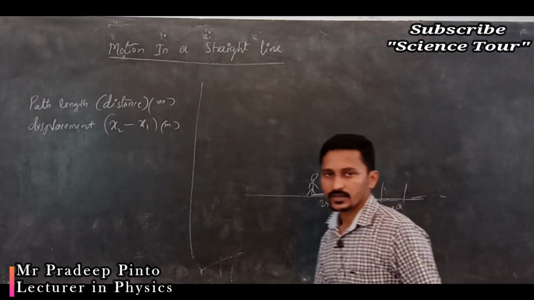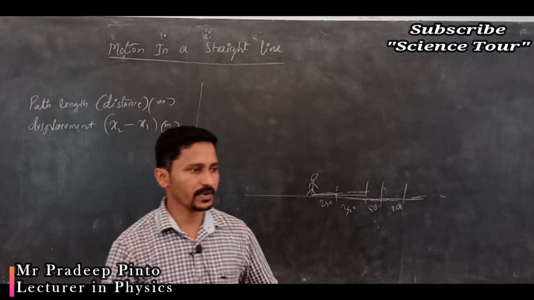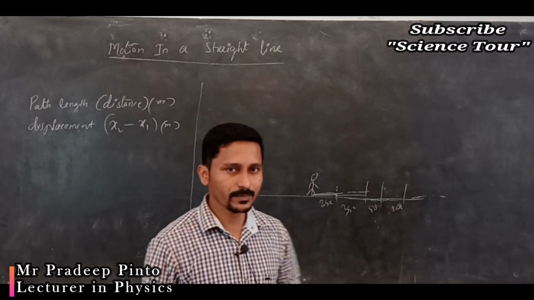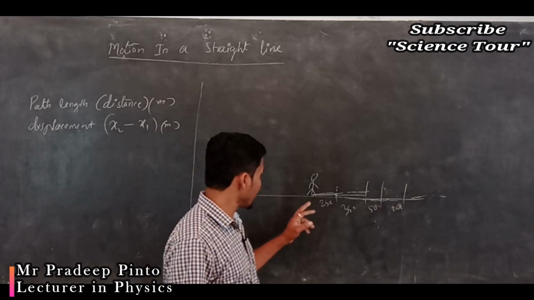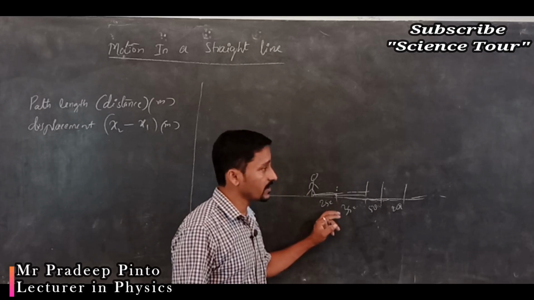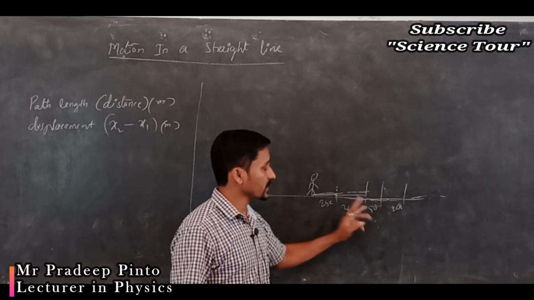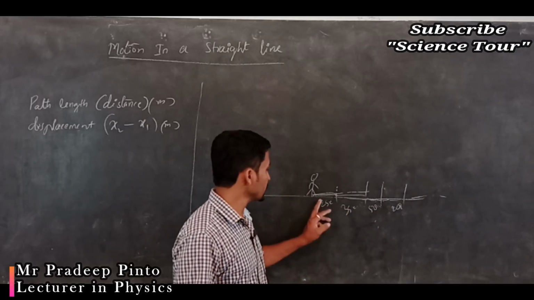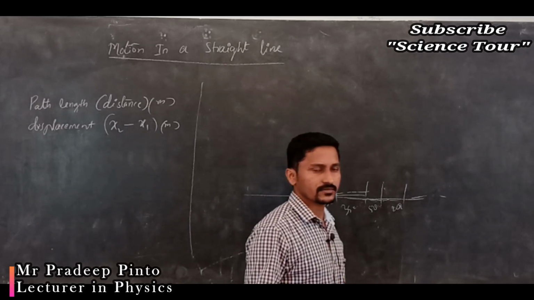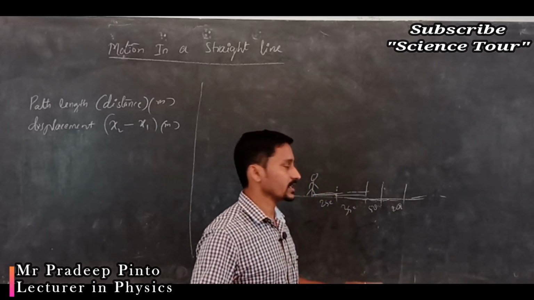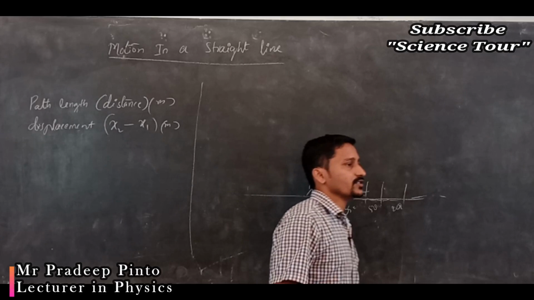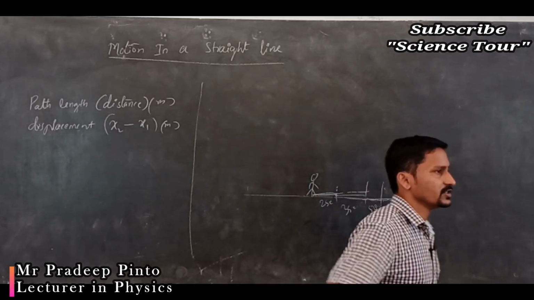By knowing path length and displacement, can you tell in what time he has travelled the first distance, and in what time the second? 2 seconds means quickly, 3 seconds means a bit slower, 5 seconds means slow, and 20 seconds means very slow.